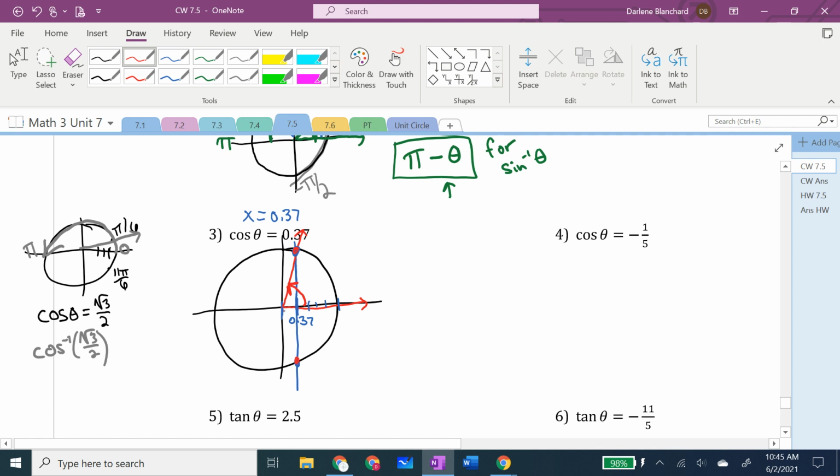This spot is coming from this angle, which my calculator is not going to give me. Now, with the calculator, you're going to first use your inverse cosine button and put in 0.37 and see what it gives you.